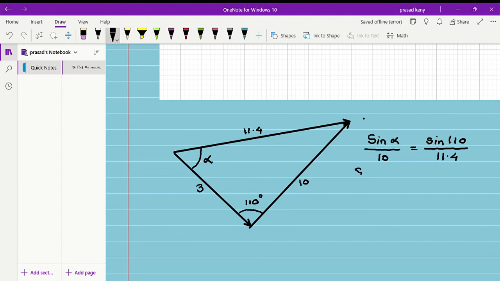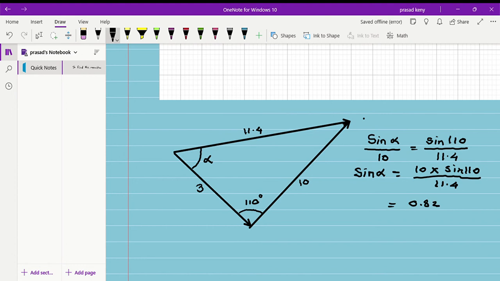So sine alpha is equal to 10 multiplied by sine 110 upon 11.4, and that comes out to be 0.82.